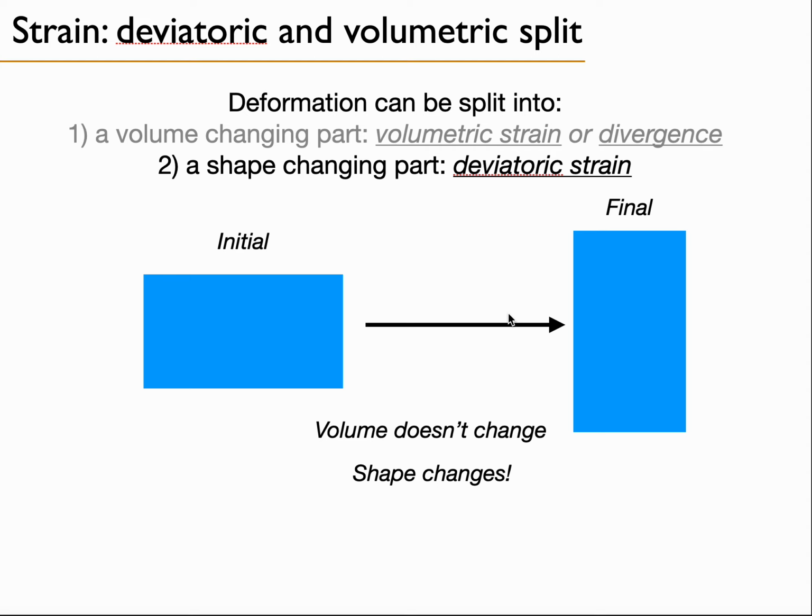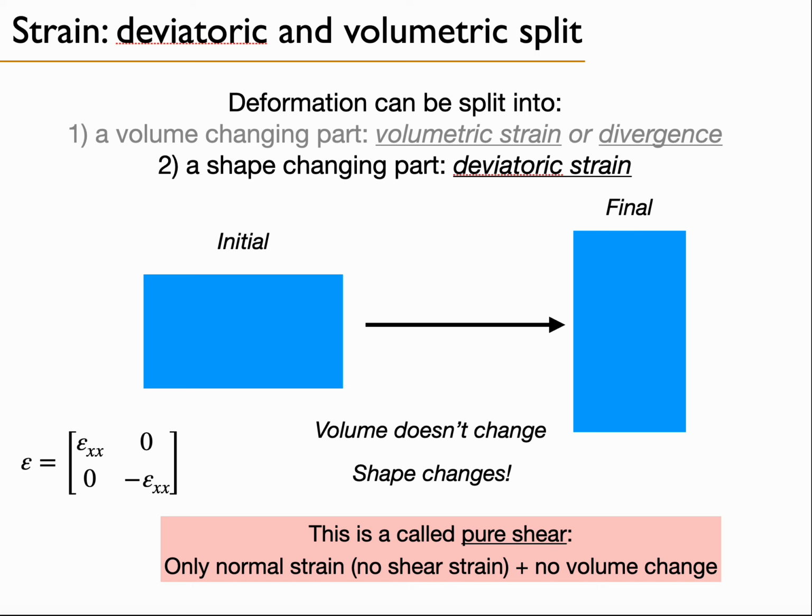So with this type of deformation, which we will call deviatoric strain, the volume doesn't change, but the shape does change. So there are different types of deviatoric strains, and this, for example, will be a pure shear deformation.